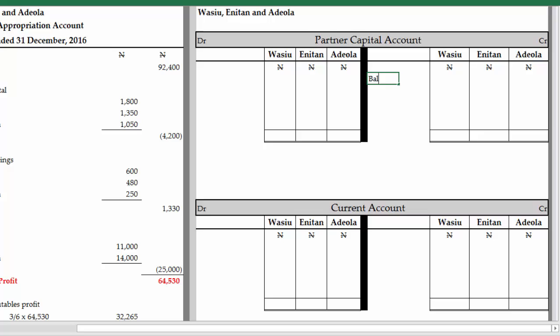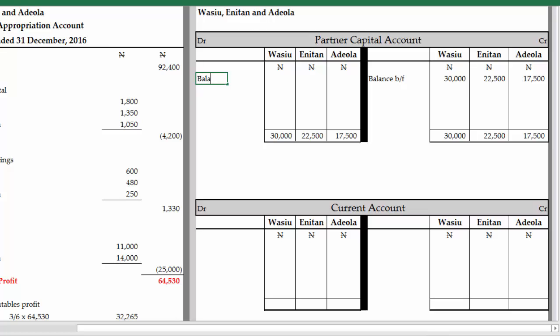The balance brought forward as given in the question for Wasiu is 30,000, Enitan is 22,500 and Adiola is 17,500. Let's balance it because the entity maintains a fixed capital account, meaning they have a current account, while the initial capital contributed will not change.